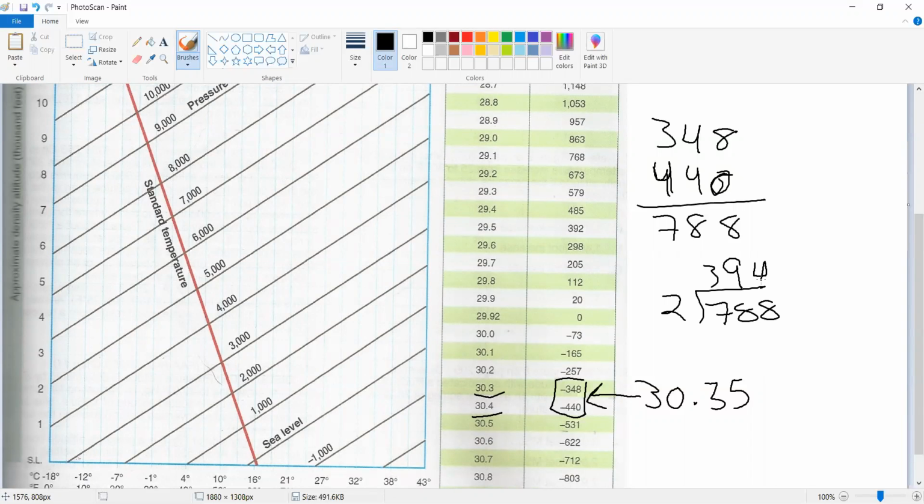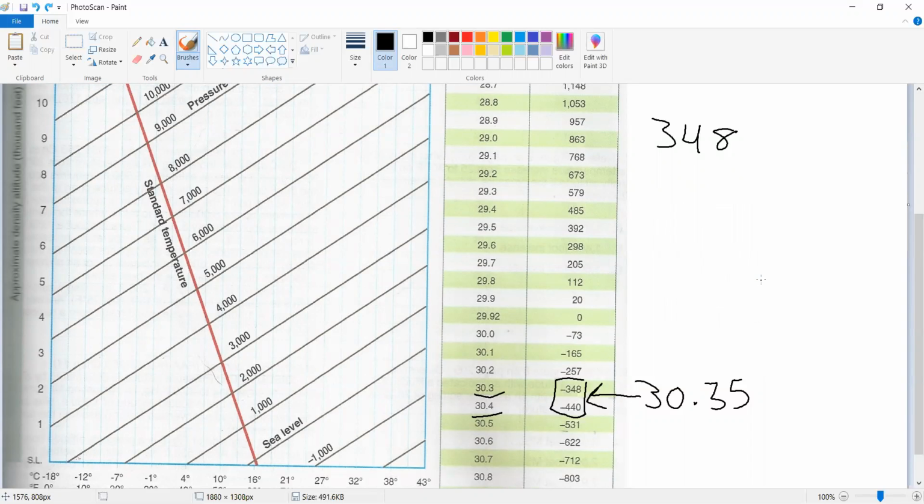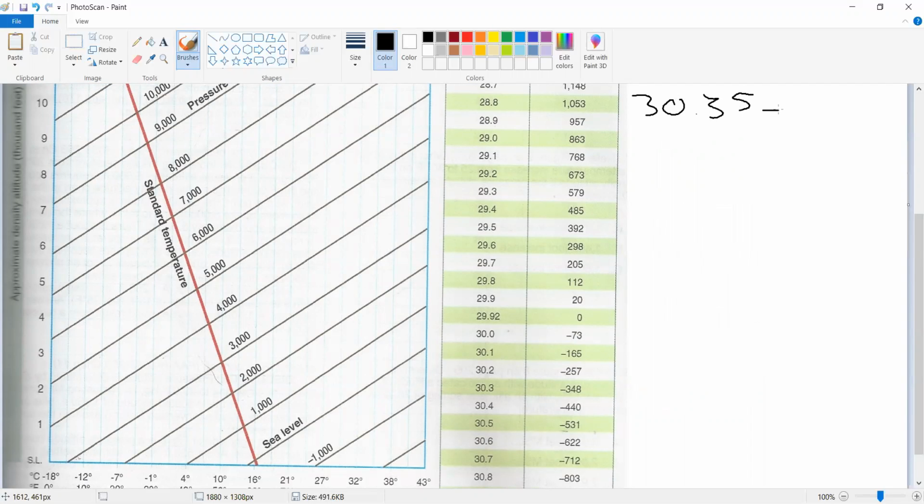So that's all we need to know there, 394. So we'll write this up here: the altimeter for 30.35 is 394.